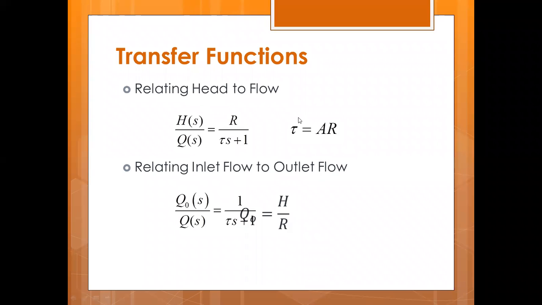Your tau here, your time constant, is the product of the cross-sectional area of the tank, which should be constant, and the linear resistance to flow. Now, if we want to relate, on the other hand, the volumetric outflow, that's Q sub O, to the changes in the inflow, that would be 1 over tau S plus 1.